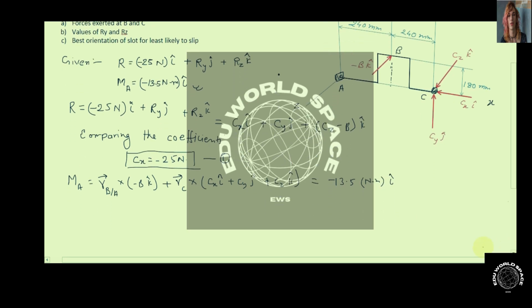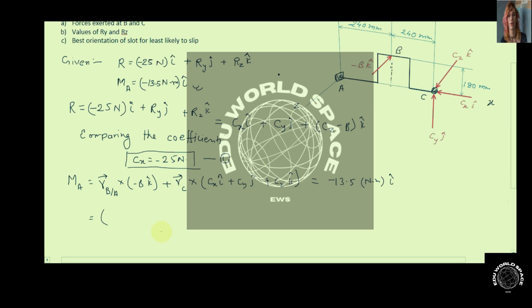Now putting the values of the position vectors in this equation, we can see here that this distance is 240 mm. So along the x-axis, point B is at a distance of 240 mm, and along the y-axis it is at 180 mm.